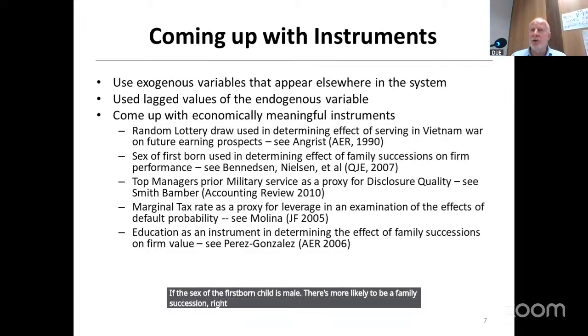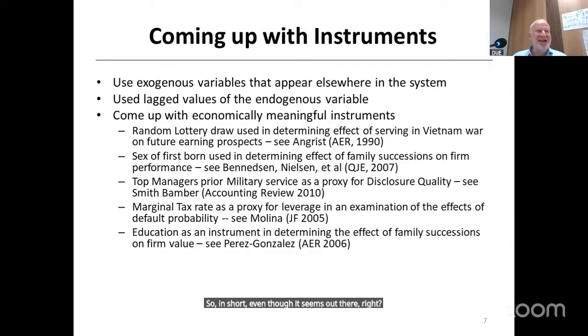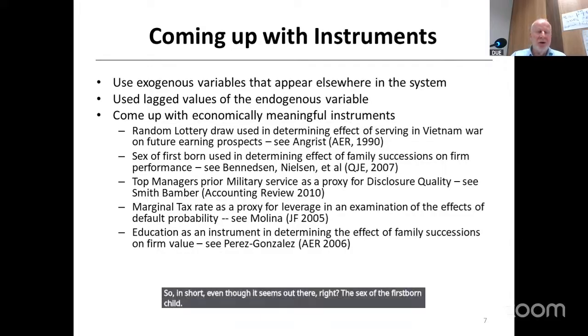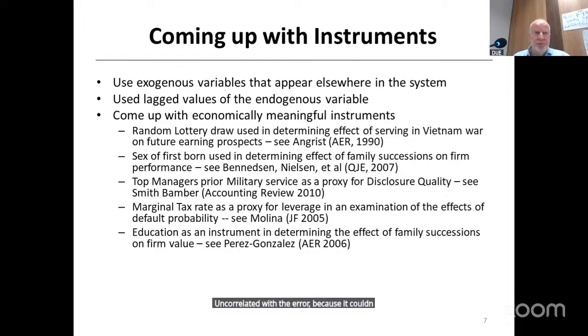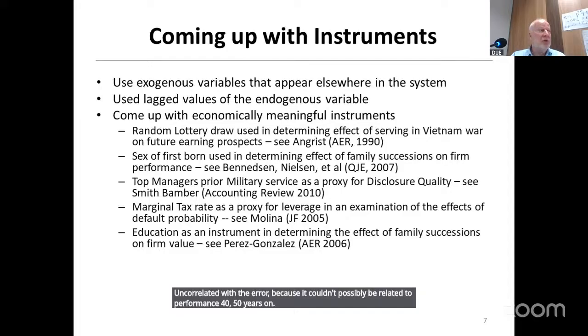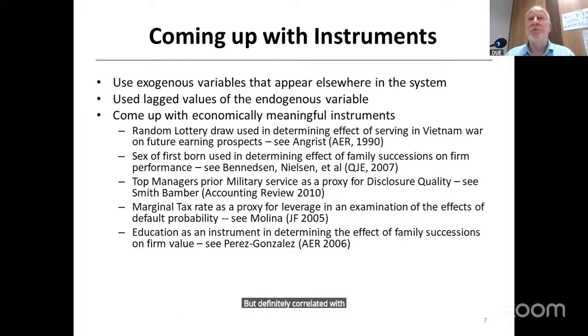So that's an incredibly good instrument, even though it seems out there. The sex of the firstborn child is uncorrelated with the error, because it couldn't possibly be related to performance 40, 50 years on, but definitely correlated with whether there's a family succession or not.